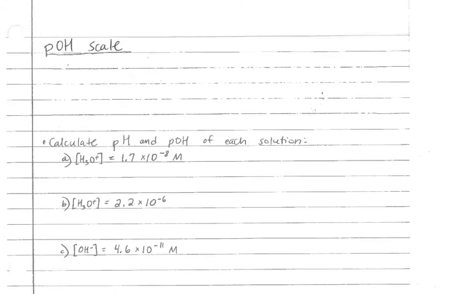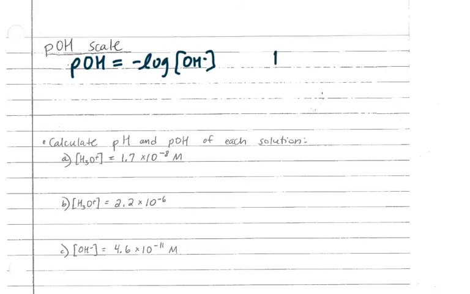So a sort of shortcut that we can use, something else we can do, is talk about the pOH scale. If pH is the negative log of the concentration of H, then hopefully you guessed correctly that the pOH is just the negative log of the concentration of OH, of hydroxide ions.